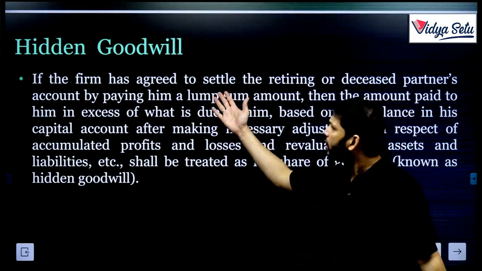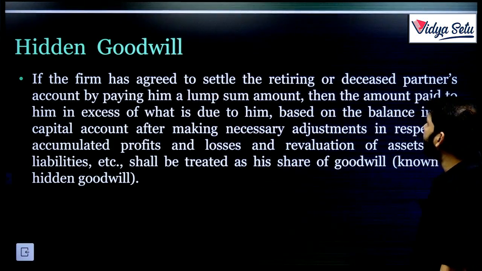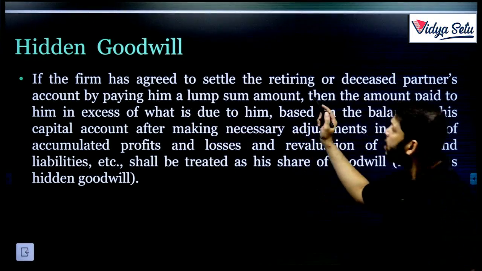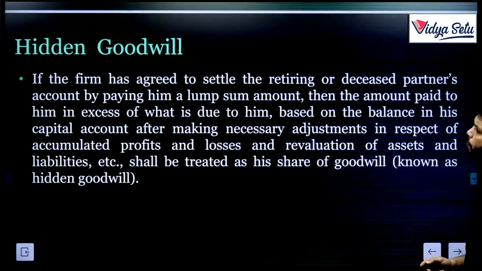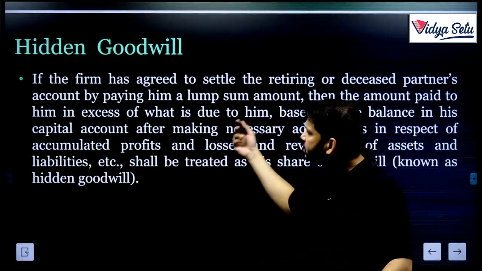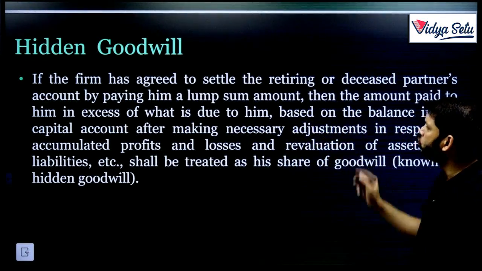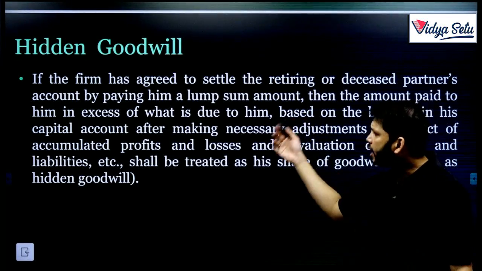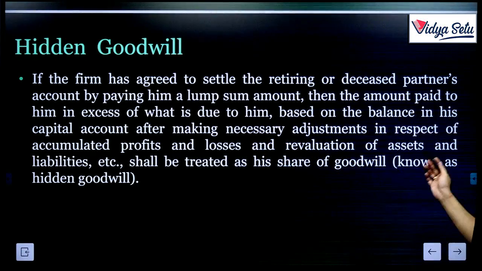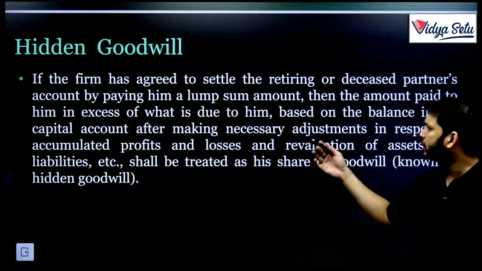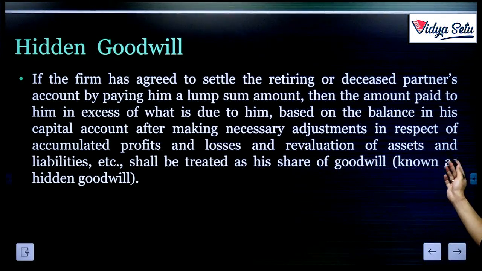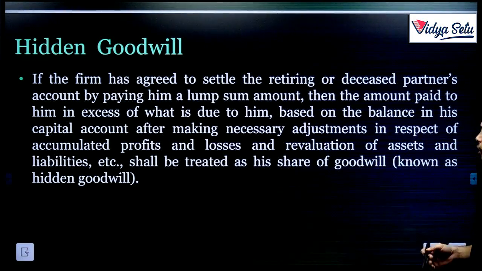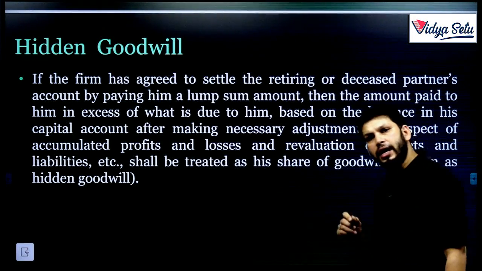So if the firm has agreed to settle the retiring or deceased partner's account by paying him a lump sum amount, then the amount paid to him in excess of what is due to him based on the balance in his capital account, and after making necessary adjustments in respect of accumulated profits and losses, revaluation of assets and liabilities, etc., shall be treated as his share of goodwill, known as hidden goodwill.